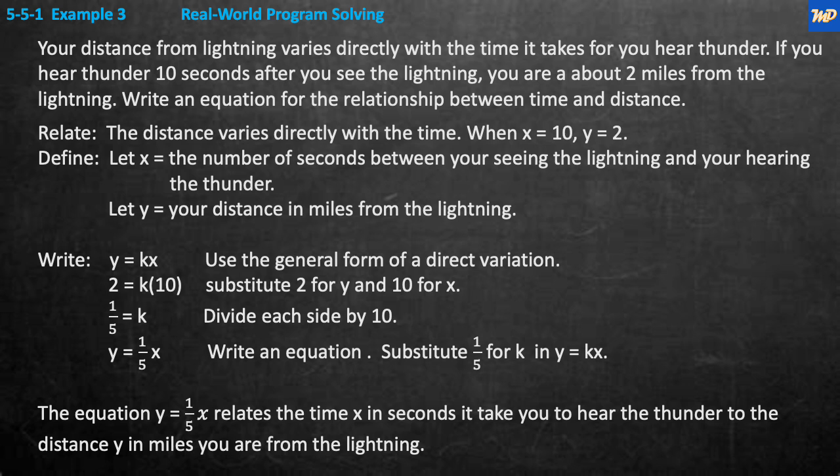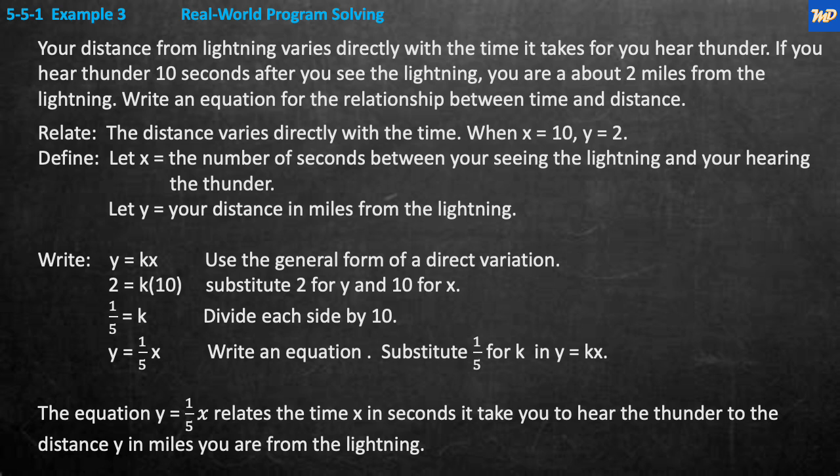10 seconds means about 2 miles. Okay? It says write an equation for the relationship between time and distance. So let's first try to reword this so that we can convert this into an equation. The distance varies directly with time. And when x is equal to 10, y is equal to 2.